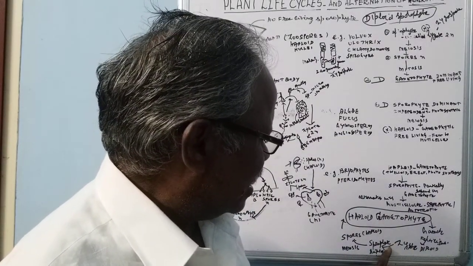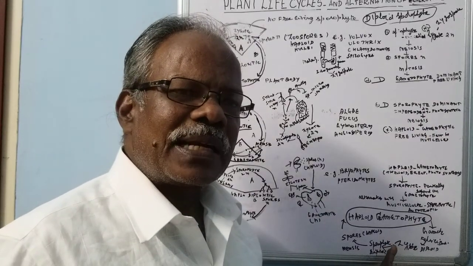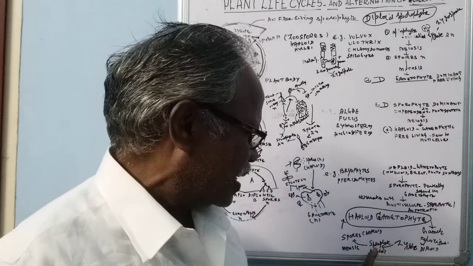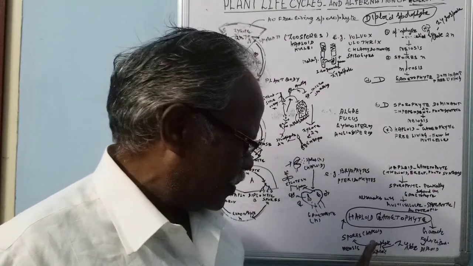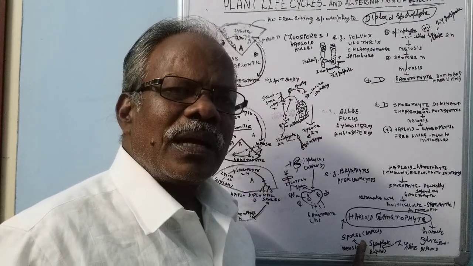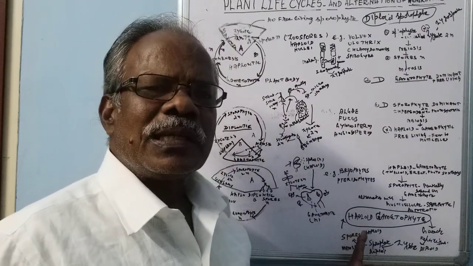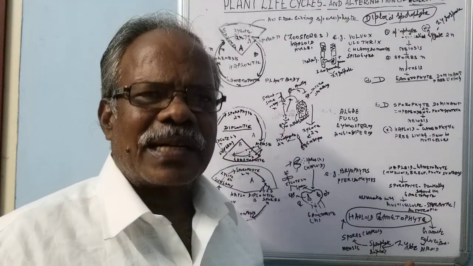Then from that the plant is developed, that is called sporophyte generation, that is diploid number of chromosome. Then this gives rise to spores by the process called meiosis. Meiosis is nothing but reduction division.